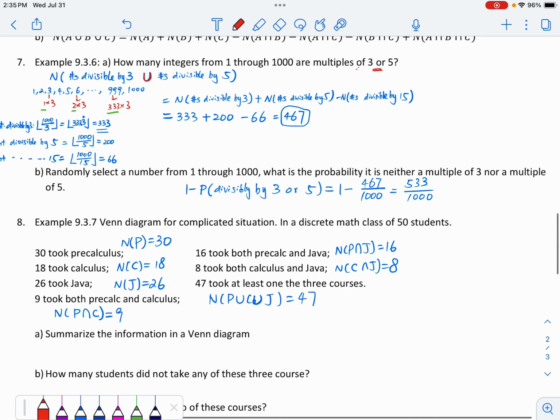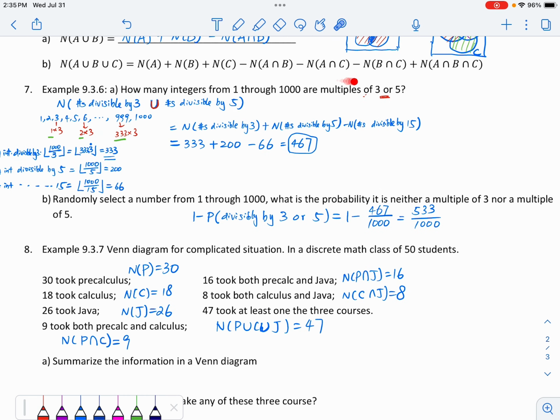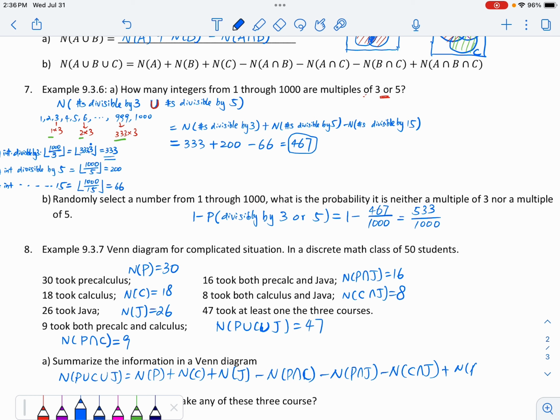So let's do that. The number of students who took pre-calc, calc, Java is equal to the sum of all these three sets, minus the intersection of each pair, P and C, minus P and J, minus the number of C and J, plus the count of the intersection of these three sets.